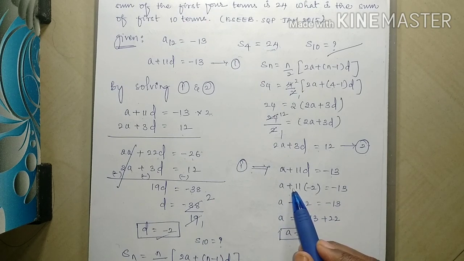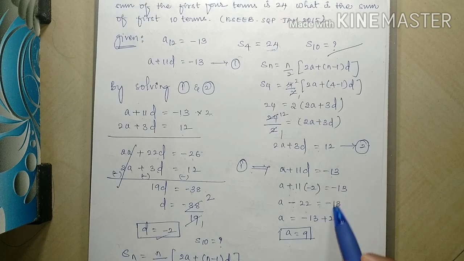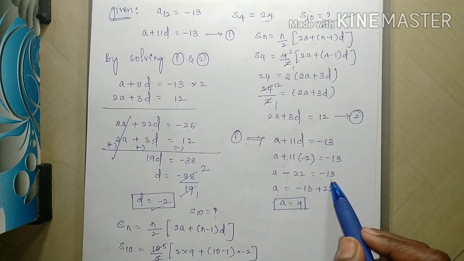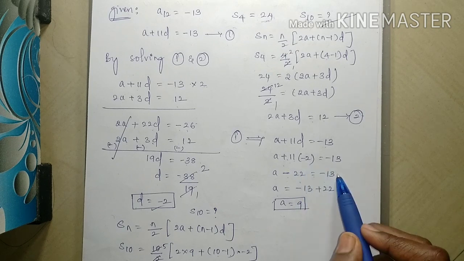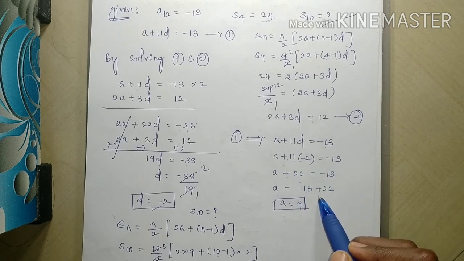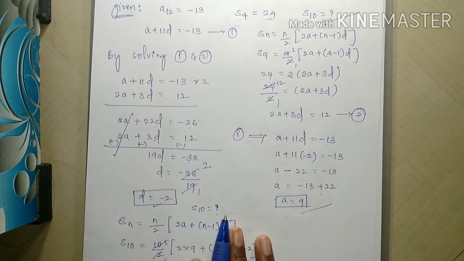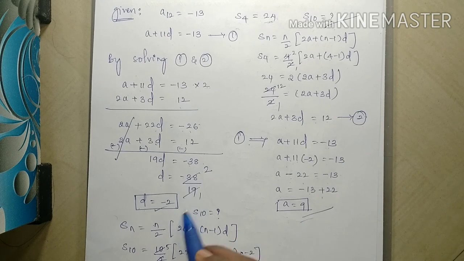So a plus into minus is minus. So 11 2s are 22, that is equal to minus 13. So a is equal to minus 13 and this 22 becomes plus 22. So now a becomes 9. So now we know the a value and the d value also.